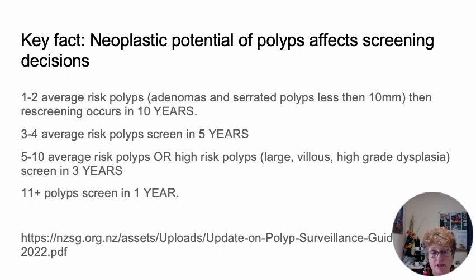With more polyps, you have shorter rescreening. With high risk polyps, you have even shorter rescreening, and with lots of polyps, you have to come back every year. I don't think you need to remember the specific figures, just the idea that the type of polyp and the number of polyps affects the screening interval.